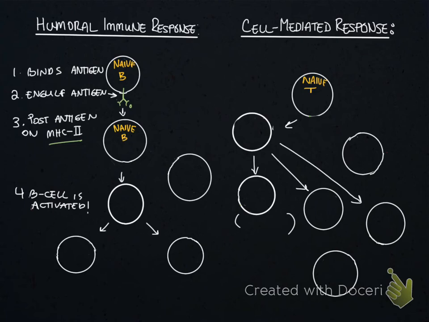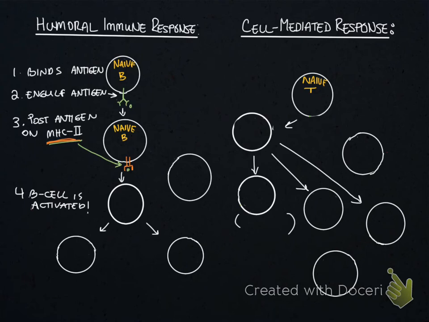It's still naive, not active yet. And here is our MHC2 molecule posting our antigen that we just engulfed. Okay? So we're not yet active. So let's see what it would take to activate this naive B cell. At this point, though, the naive B cell with that MHC2 molecule is considered an antigen-presenting cell.